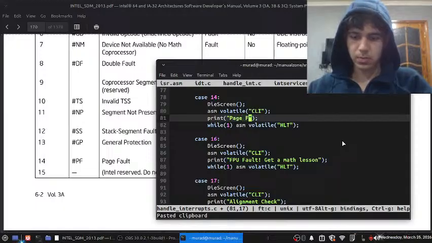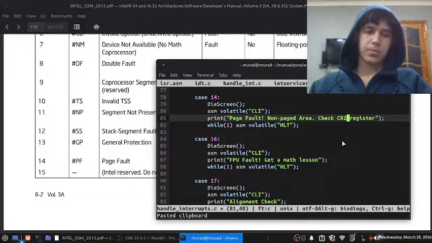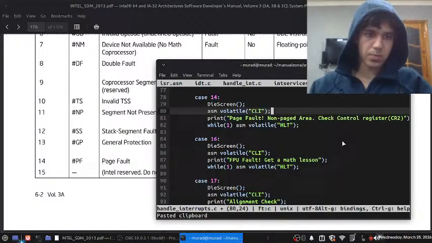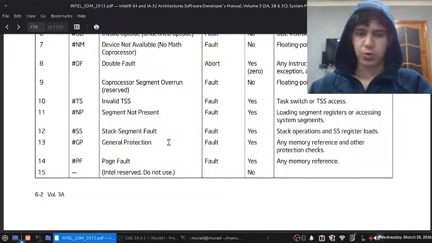Page fault. A non-paged area. Check the CR2 register. General protection fault.